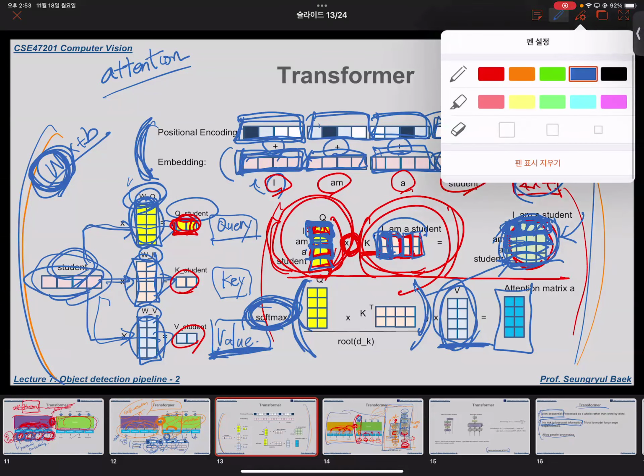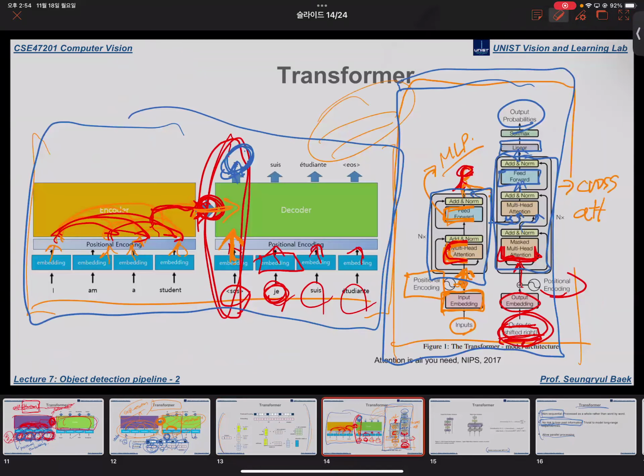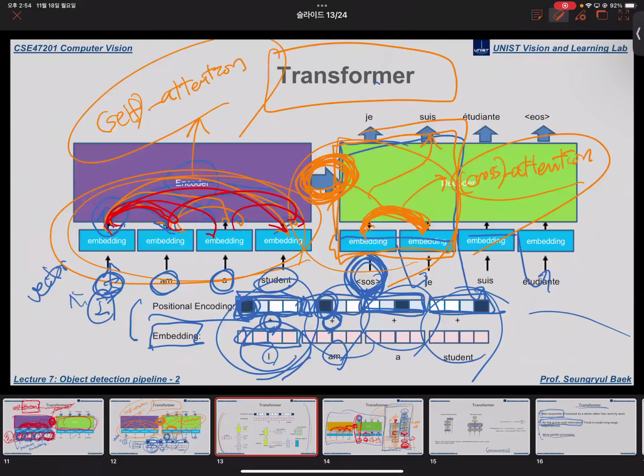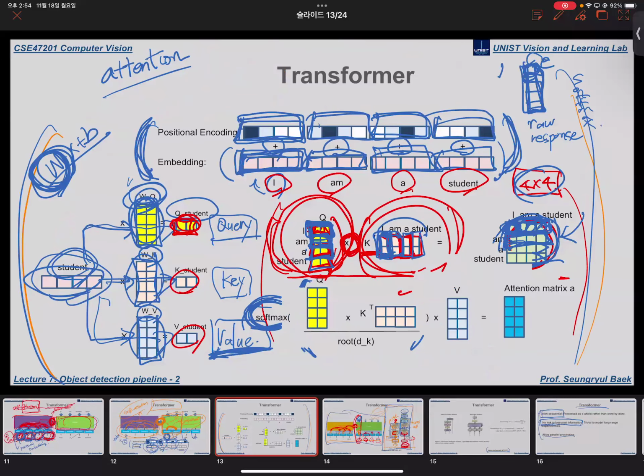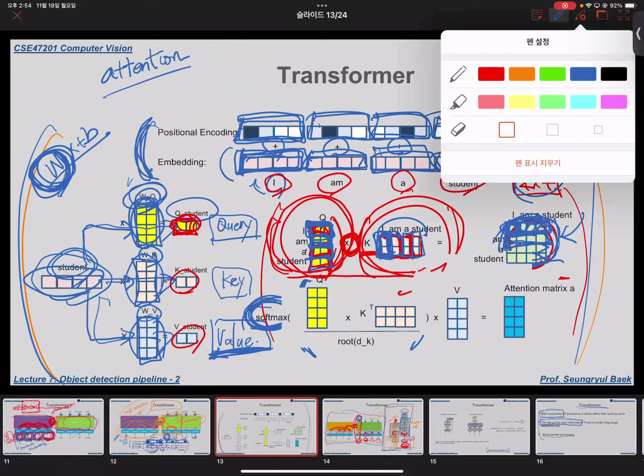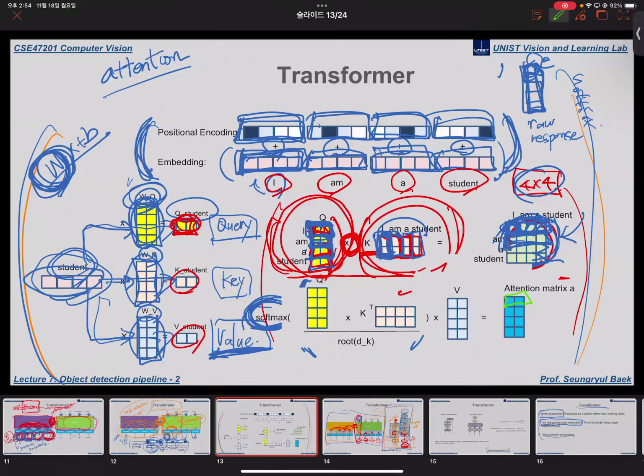So by doing this, this is indicating the feature for I, and how this is encoded is, this is I am a student, their values.